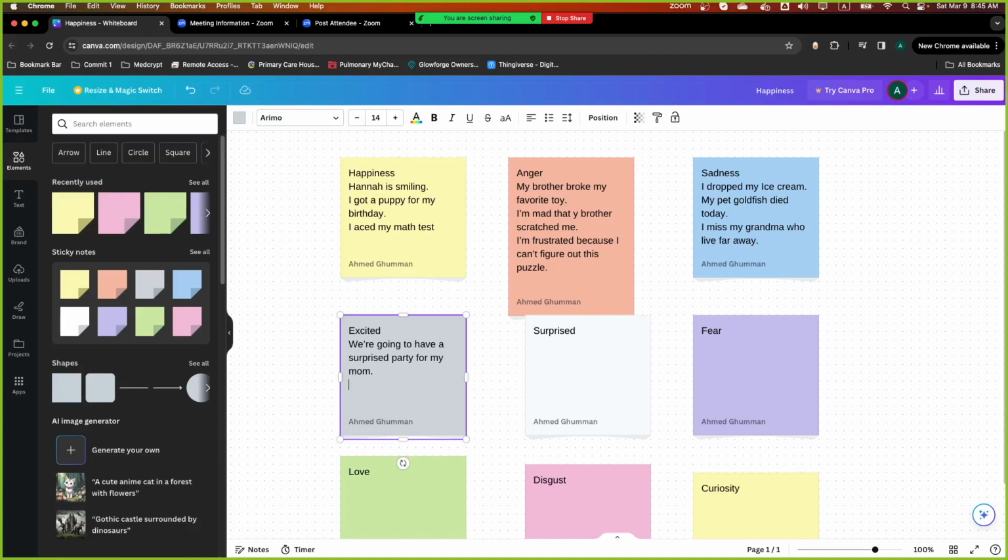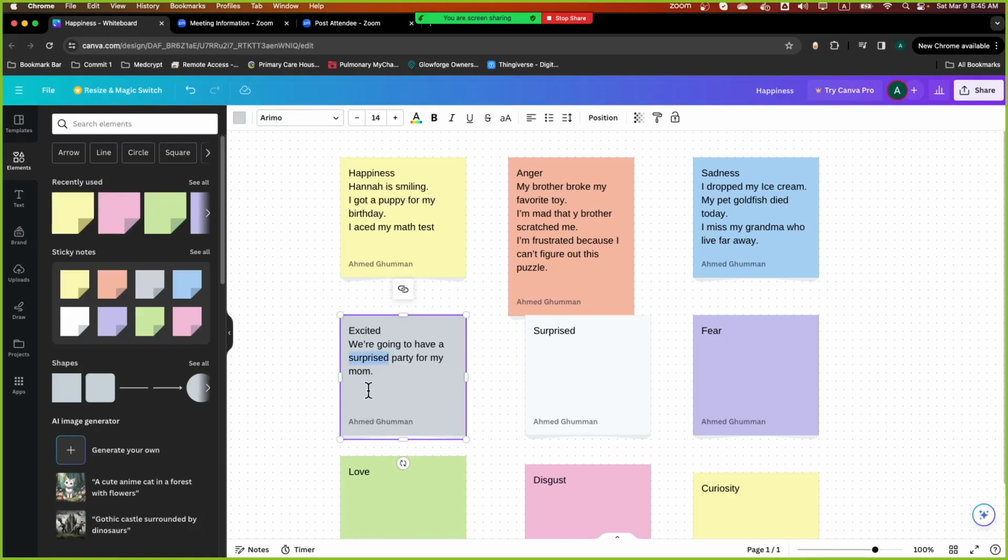Sorry, surprise, right? Yeah, you're right. To have a surprise. But this is a surprise for her, your mom, but for you, it's an excitement. So I think we need to tell our emotion explorer that although the word surprise is in the sentence, don't put it there.